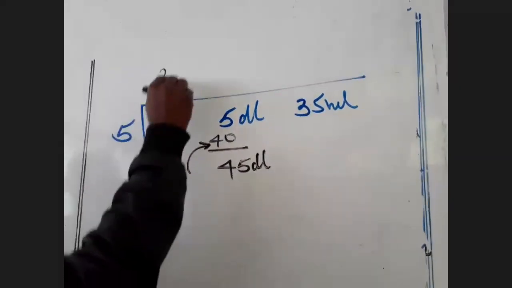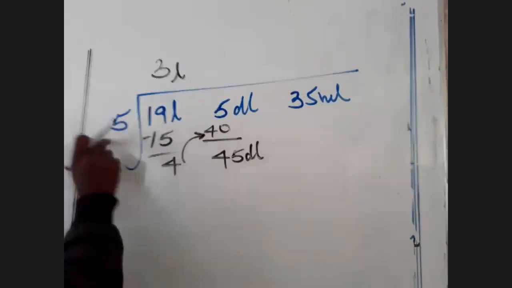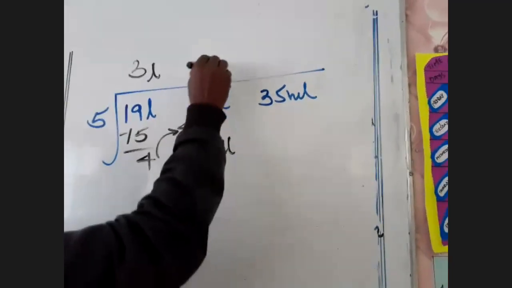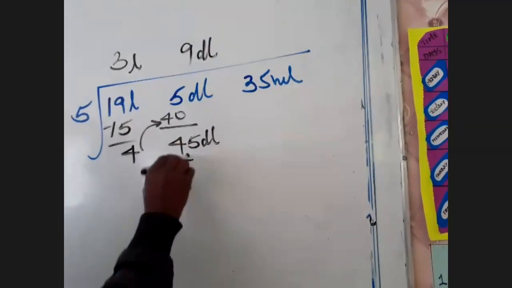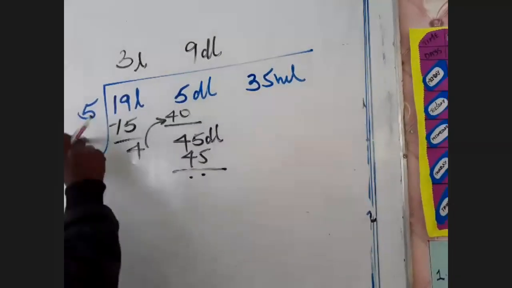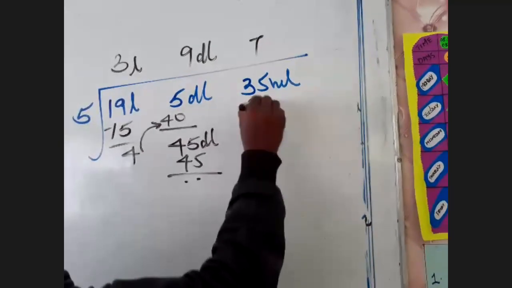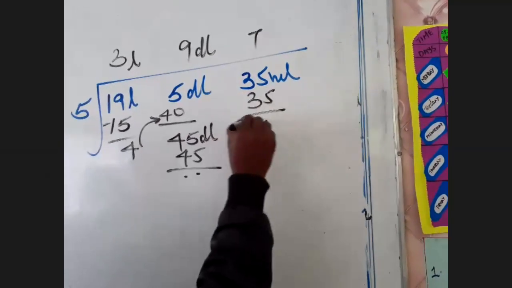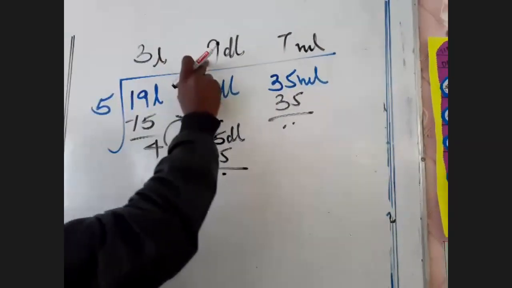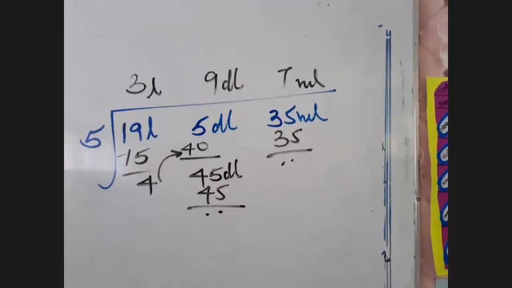So the liters are 3, 45. 5 goes into 45 only 9 times because of 45. Nothing remaining. 5 goes into 35 7 times because of 35. Subtract, nothing remains. So we have 3 liters, 9 deciliters, and 7 milliliters.